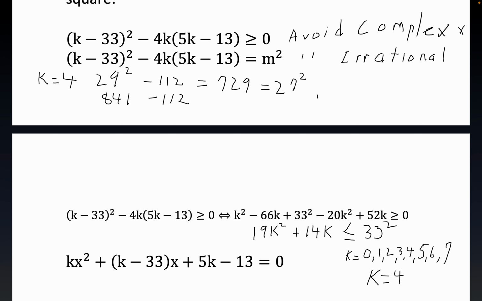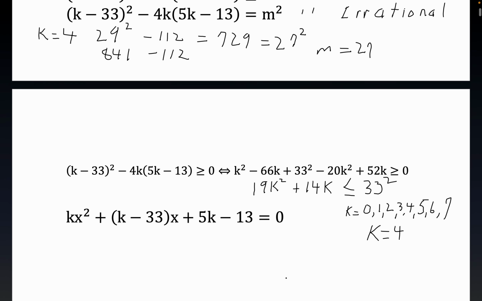So our m would be 27. But what's more important here is that k equals 4 is the only non-negative value that will work based on this bounding statement. K equals 4 is the only one that does work.